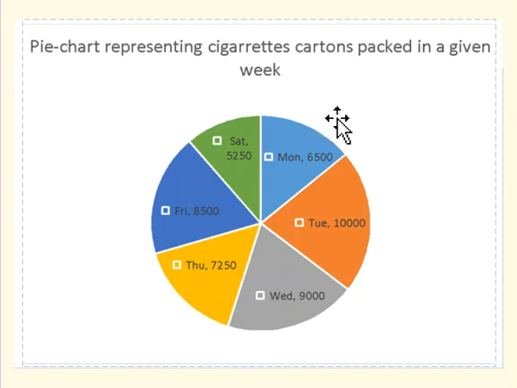Remember, we had the degrees, so the angle here should be what is given in the table for Monday, and then we take this as Tuesday, this as Wednesday, and then Thursday, Friday, and then the measure for Saturday. So that is how we represent a pie chart, in terms of dividing the center into sectors based on the data given.